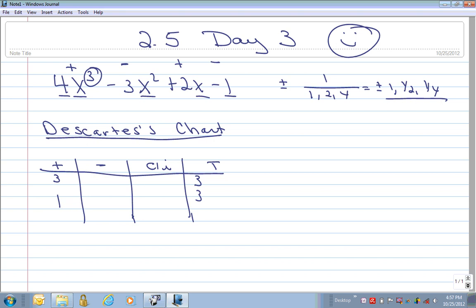All right, then we're going to figure out what would happen to the negative values. How many negative real roots could we possibly have? So we're going to pretend all the x values are a negative number. If I took a negative number and I cubed it, it would be negative. And a negative times a positive 4 would be a negative value. On this one, if we take a negative number and we square it, it becomes positive.